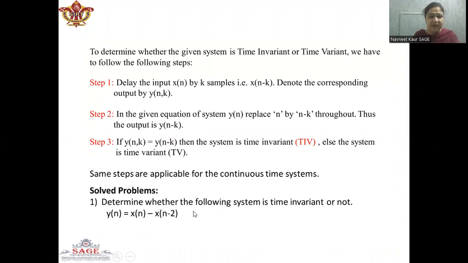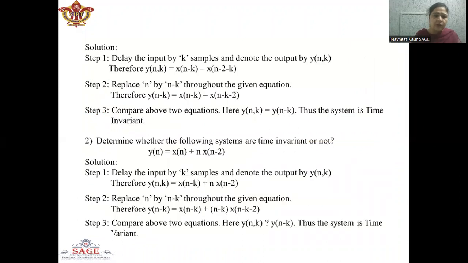That means wherever there is n, it will be delayed, so I'll write n-k. Now, in that case, y(n-k) will be x(n-k) minus x(n-k-2). Now, if I compare these two outputs, I will see that y(n,k) is equal to y(n-k). So, system is a time invariant system.